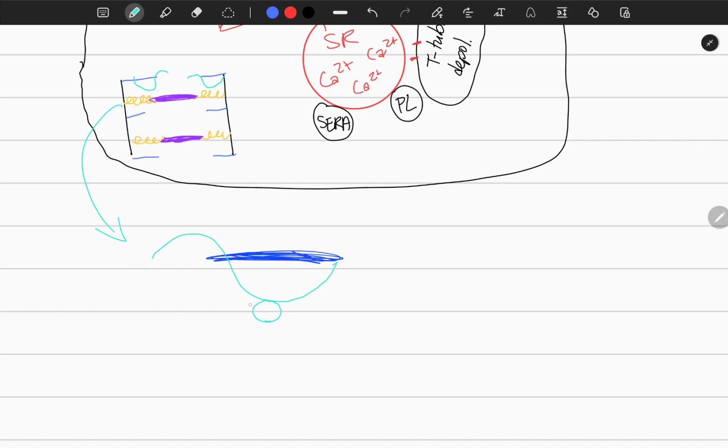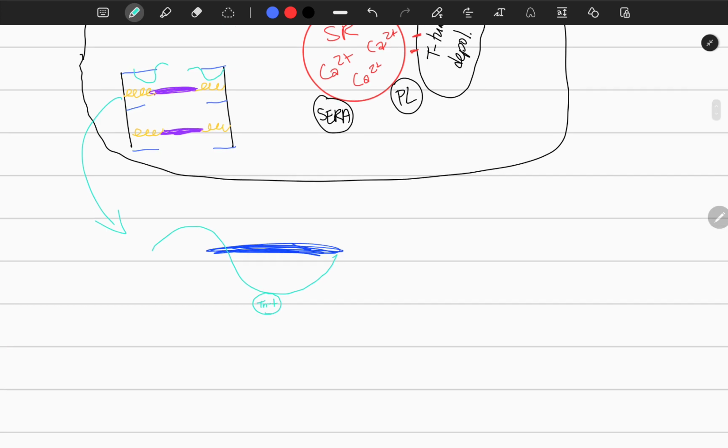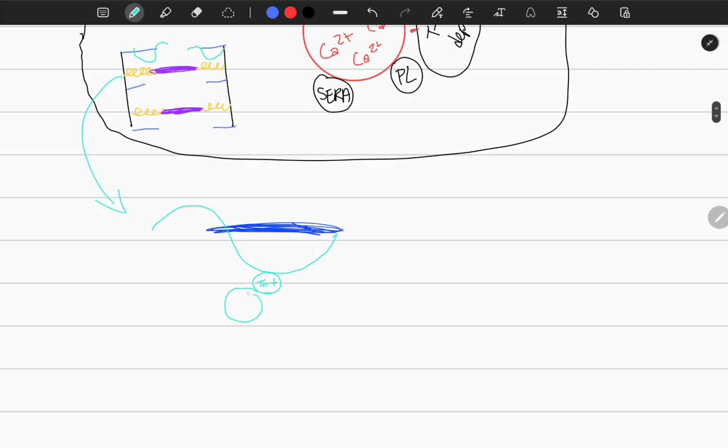We have TNT, which binds tropomyosin. We have TNC, which will bind to calcium. And we have TNI, which is the troponin inhibitor. And let's just draw myosin down here with a myosin head.